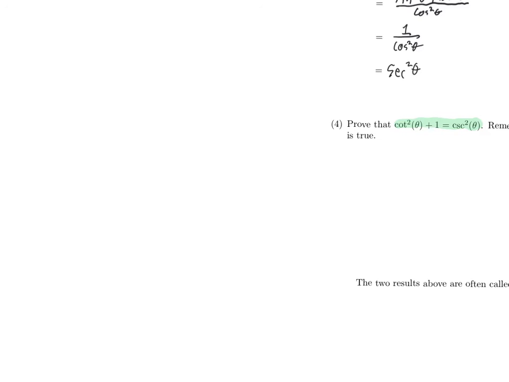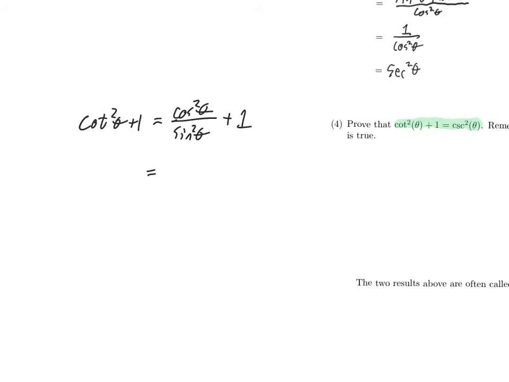So let's start with that more complicated side and simplify it. So what do we see on that side? We see cotangent squared of theta plus 1. And let's just try to simplify. And we'll do the same simplification as we did in the example that we just finished. Cotangent is cosine over sine. So that's cosine squared theta over sine squared theta plus 1.